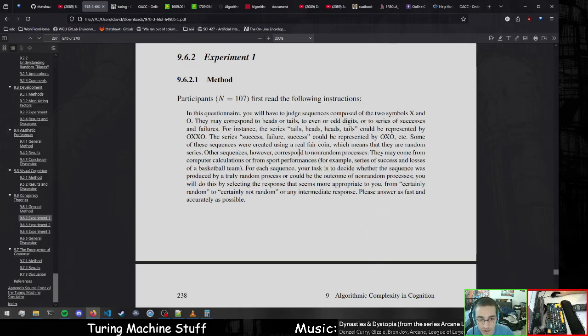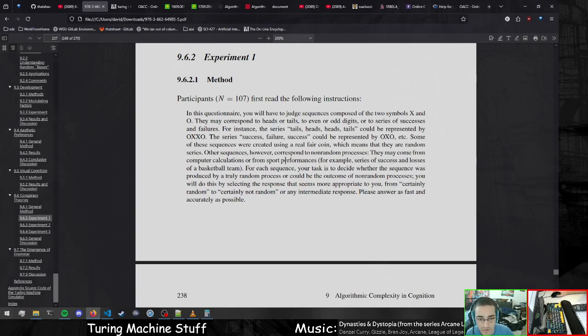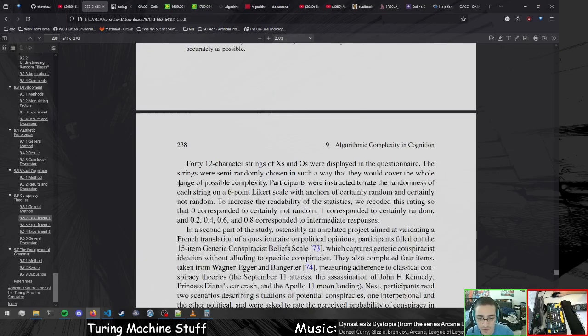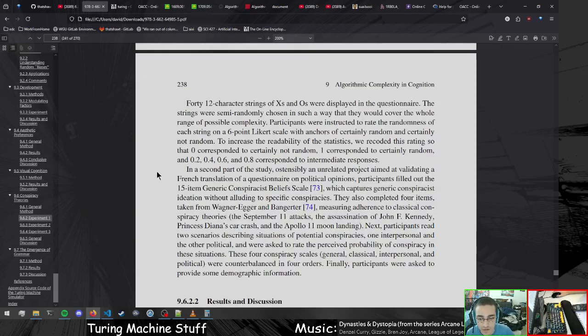Other sequences, however, correspond to non-random processes that may come from computer calculations or from sport performances. For each sequence, your task is to decide whether it was truly random or it could be the outcome of a non-random process. You would do this by selecting the response that seems more appropriate. Please answer as fast and accurately as possible. That is cool.